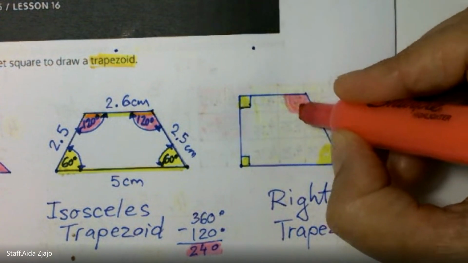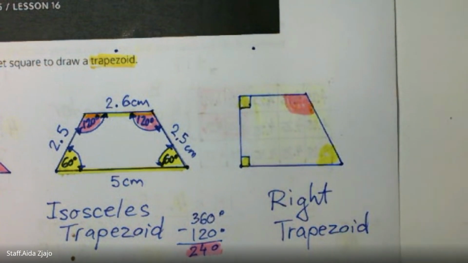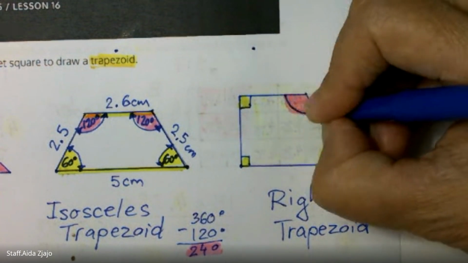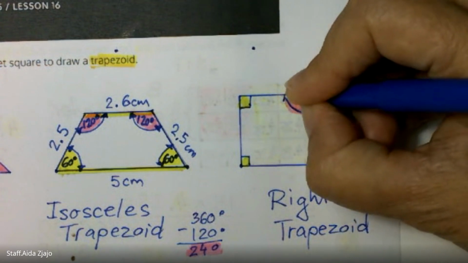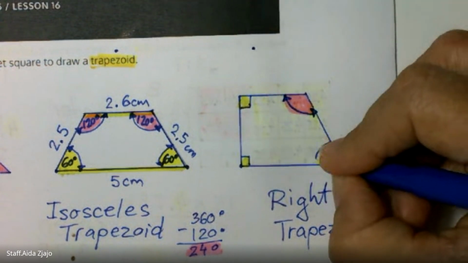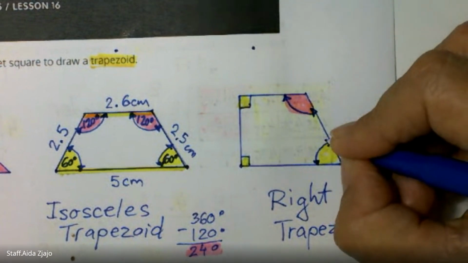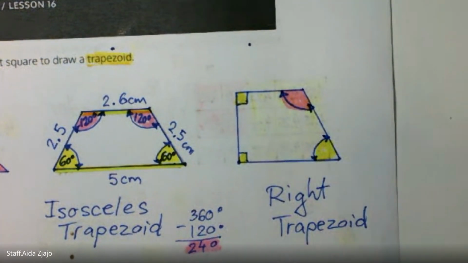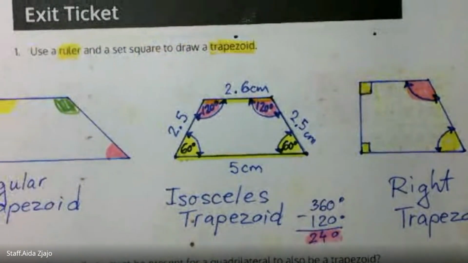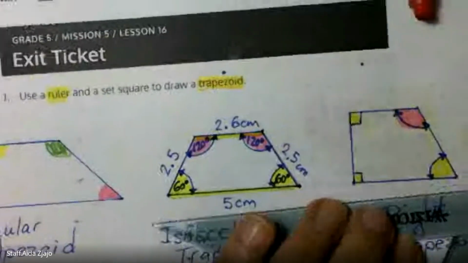These three kinds of trapezoid you need to be familiar with. All these trapezoids have one pair of parallel sides. If you look back, here is a parallel pair.